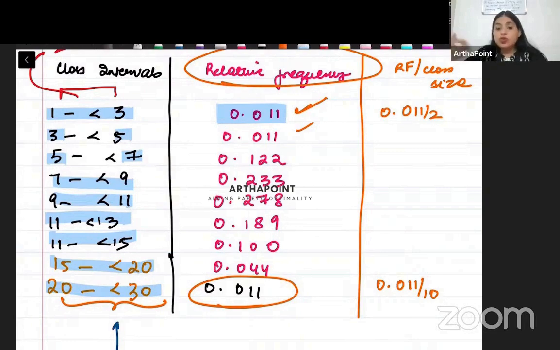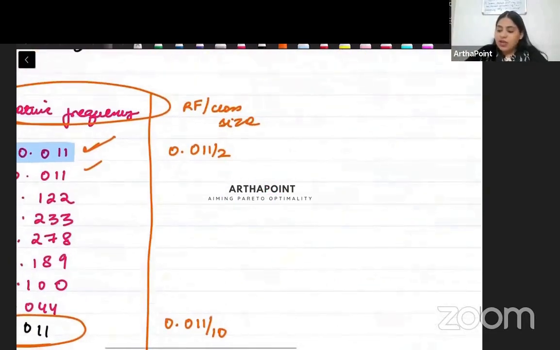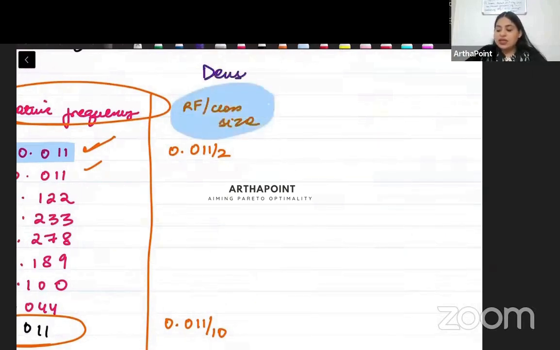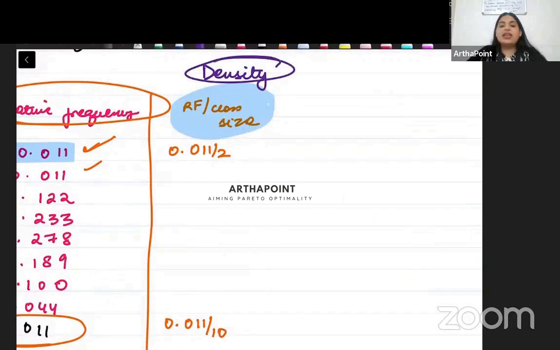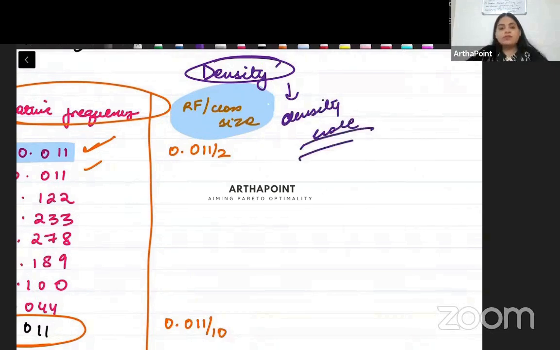And when you do this, then beta, this value that you get, this is called density. Again, an important MCQ question. What is density? And when you plot these, वो जो rectangles बन के आते हैं, they are called as density scale. So why is density important?